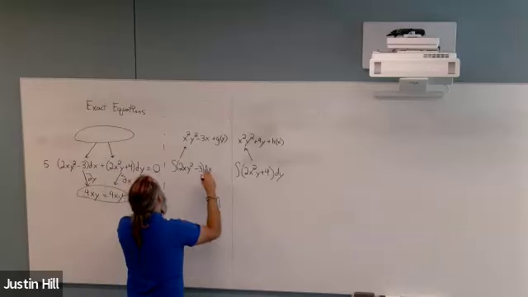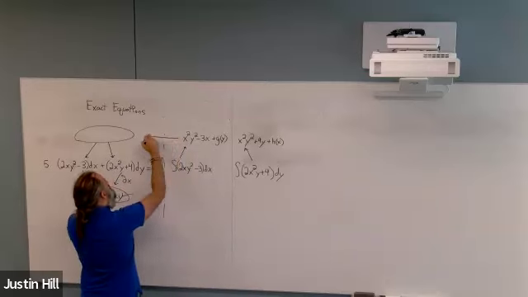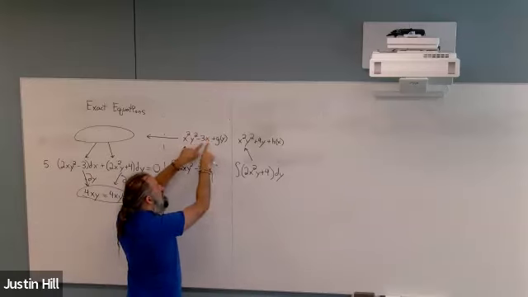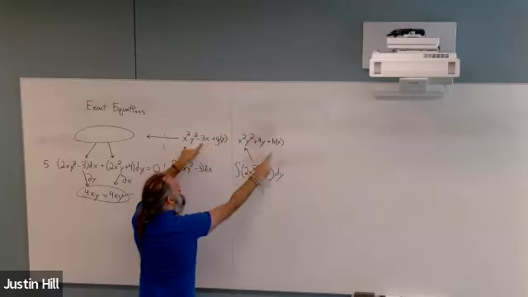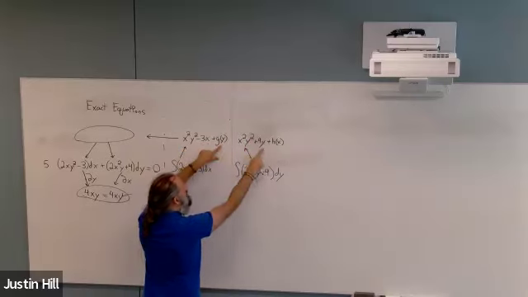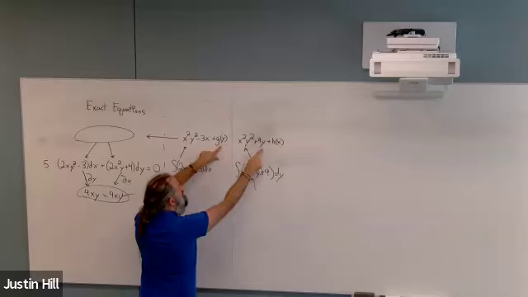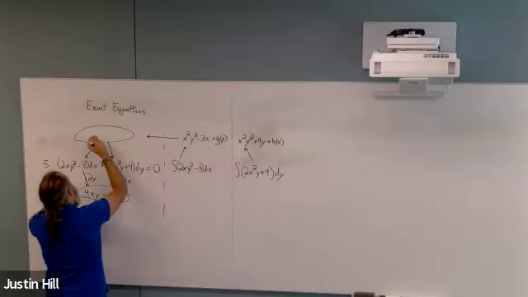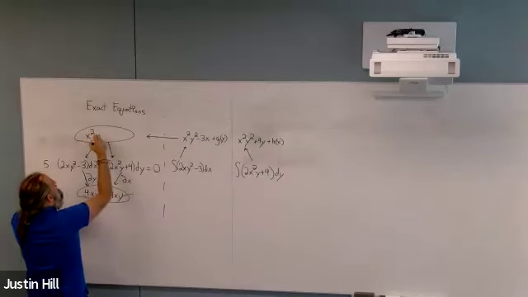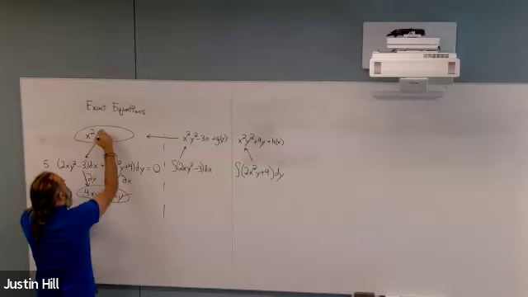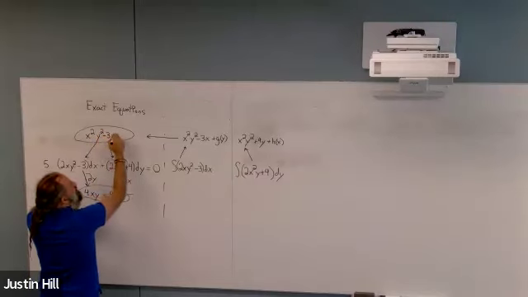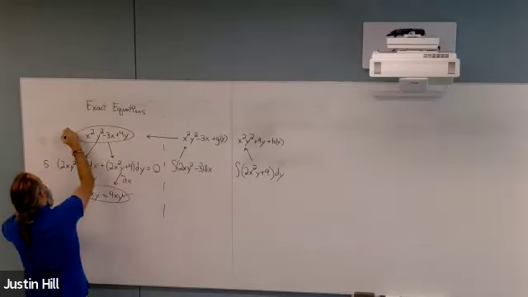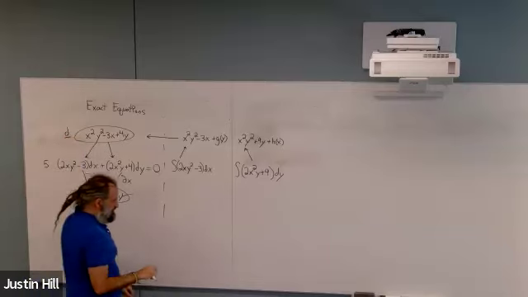So overall, I've found the function. So I've got it. It's going to be x squared y squared. It's going to have the minus 3x, because that would have been here, and it's going to have the 4y, because that would have been there. So overall, I've got my function: x squared y squared, minus 3x, plus 4y.